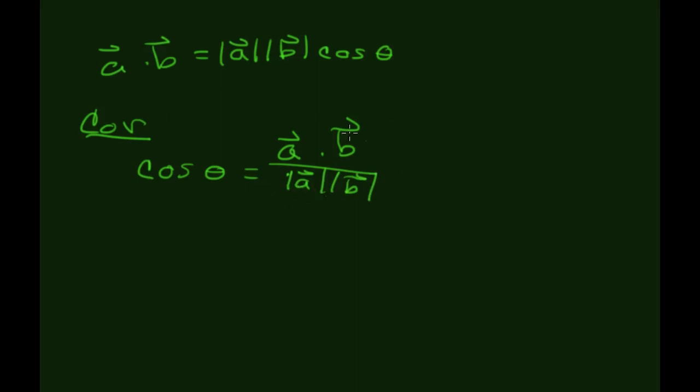Because ultimately, this is how I'm going to get the angle measure from the two vectors. I plug them in here, take the inverse cosine, and I will get a theta measure for the angle between the two vectors. Woohoo! Okay, so thank you, and we'll continue from there.